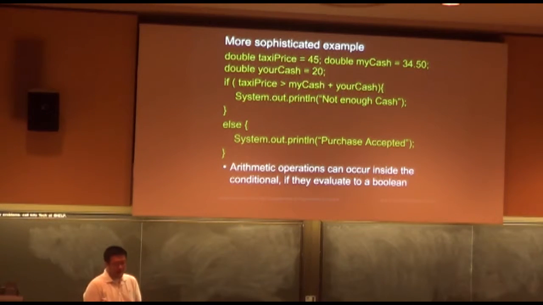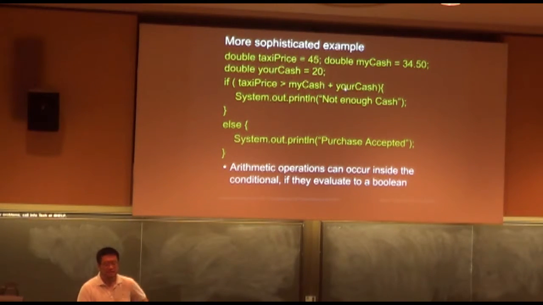Okay, so again, you can have arithmetic operations inside the conditional statement. So here, the conditional doesn't have to simply be true or false. It just has to be some statement that evaluates to a Boolean. So here I can have some arithmetic going on, like my cash plus your cash.